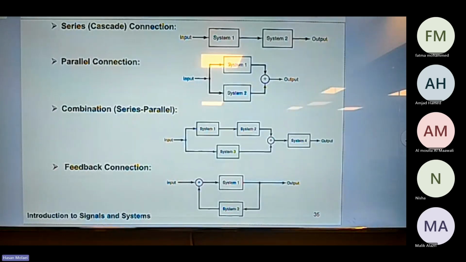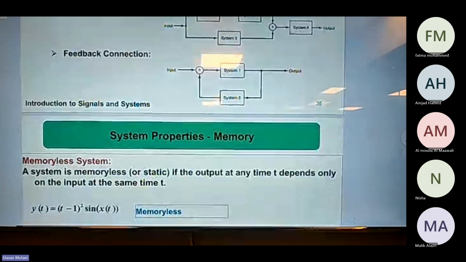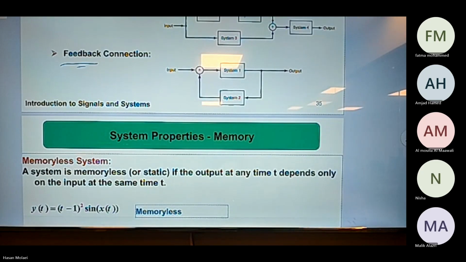We can connect systems together in different ways. In series, the output of one is connected to the input of another one. In parallel, their outputs and inputs are connected together. And the last one, the system with feedback. We take a sample from the output, put it into the input, and compare it with the input. The difference again goes to the output.